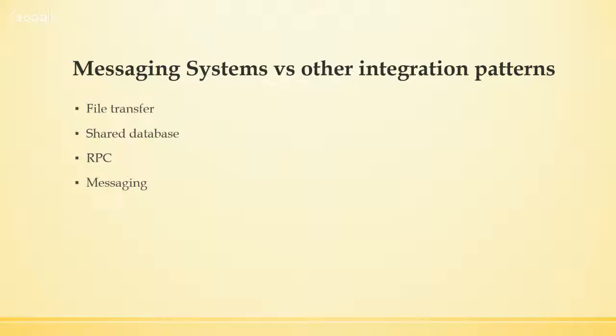I'm sure there are other ways of doing integration as well, but if you've got these different ways of integrating different system components together, how do you actually go about choosing which one is appropriate for your system? There's got to be some type of mechanism that makes sense.